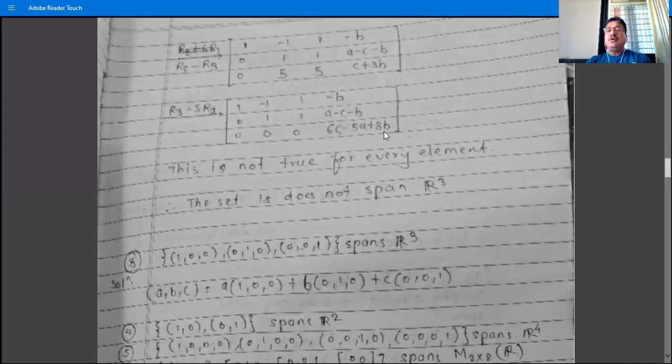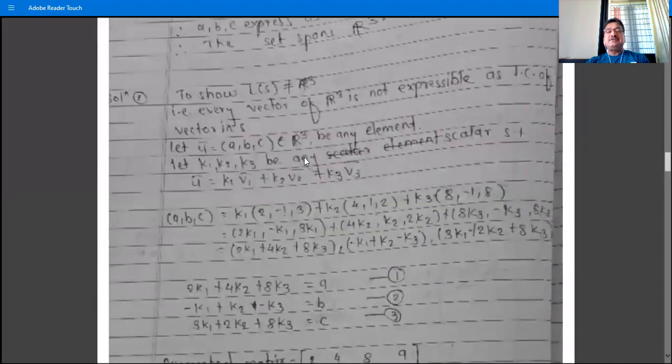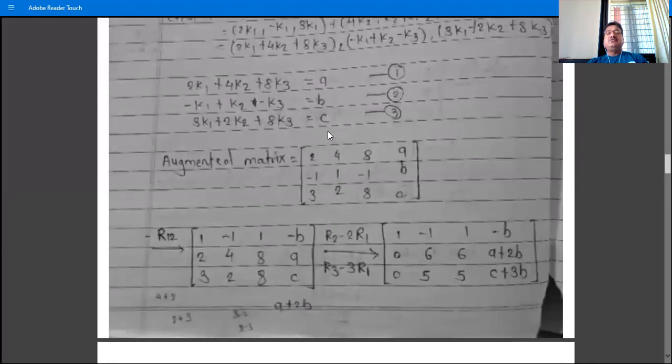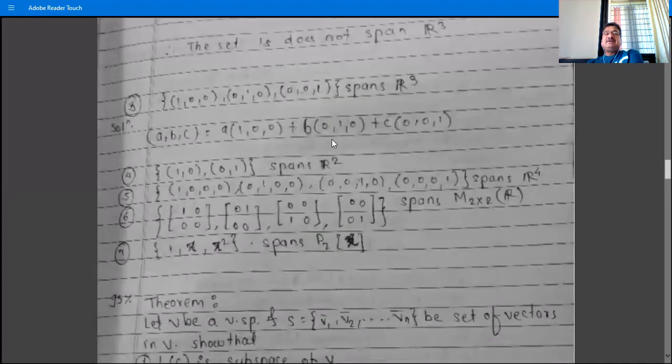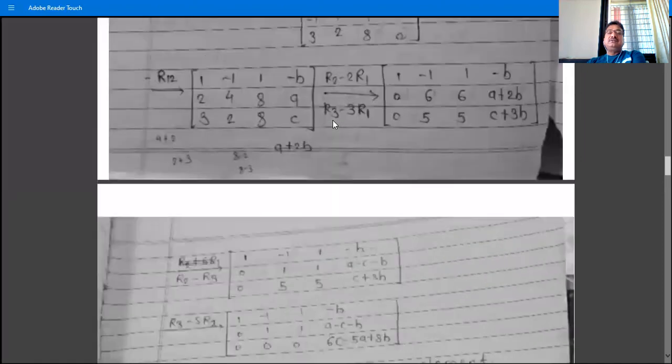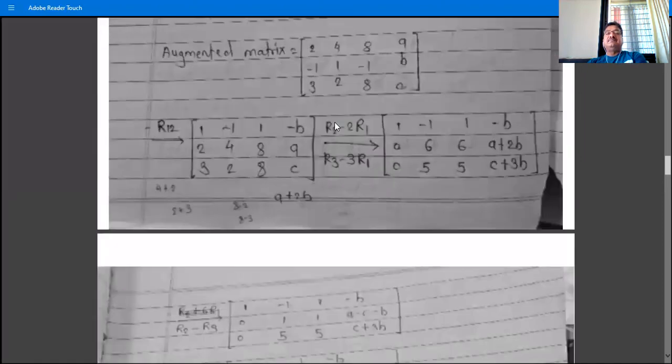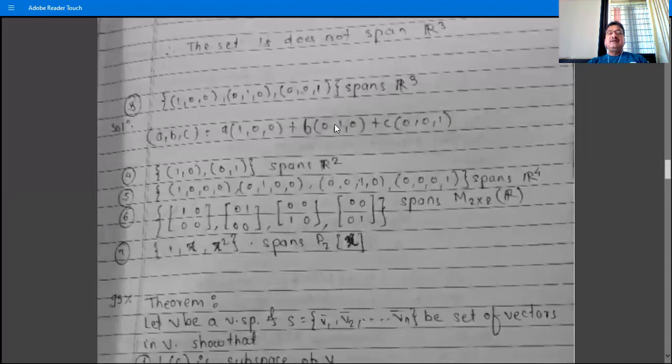And this is not true for all A, B, C. So the last equation is absurd for some A, B, C, and therefore every vector of R3 is not expressible as a linear combination of V1, V2, V3, and therefore we say that the set does not span R3, or the three vectors do not span R3. Okay, so the second example is an example of not spanning.